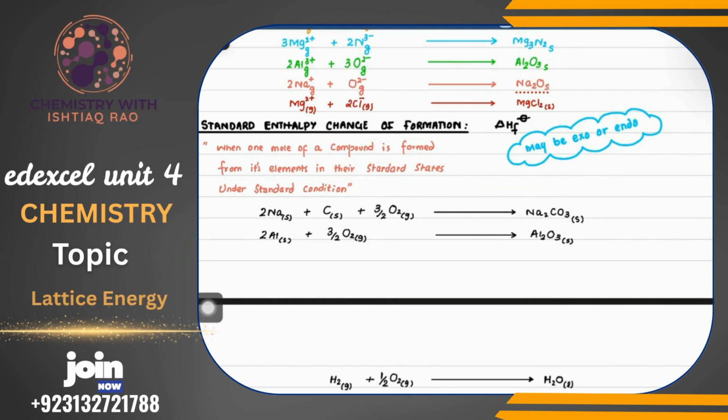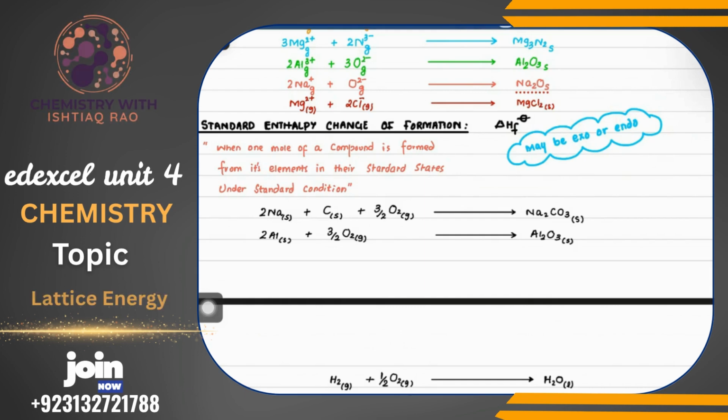What the examiner will give us depends. But the lattice energy is always exothermic. This is understood because in a lattice, only bonds are being formed. The bonds are not going to break down. So when bonds are being formed, this is going to be exothermic.